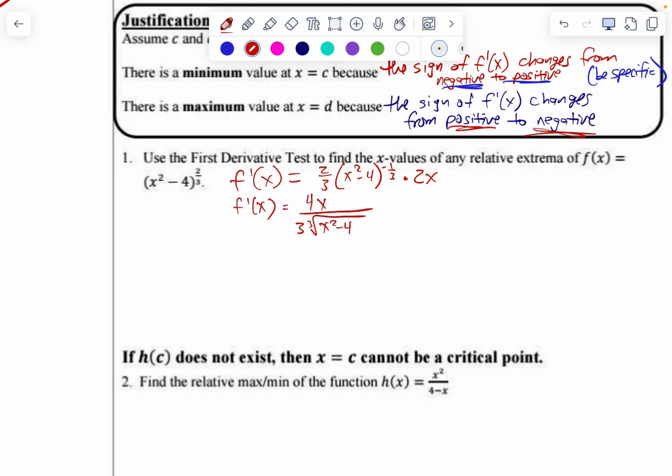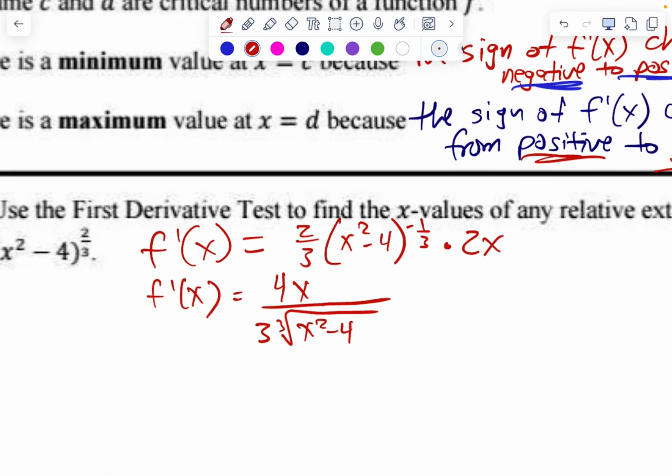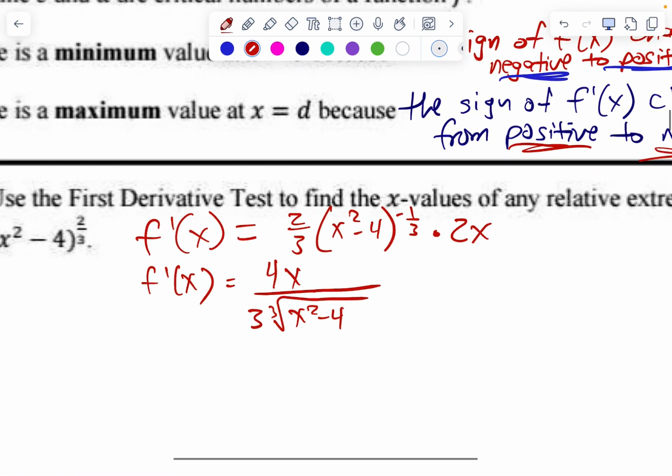All right, here's that. The first line is just the application of the power rule and the chain rule. And then the second line is kind of back to a function looking thing. And for this, it's up to you which one you're going to be able to find the sign of it better for, or solve better, right?